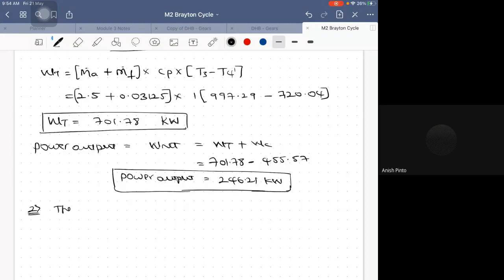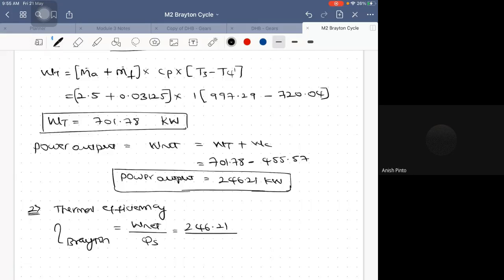So efficiency of the Brayton cycle is given by W net output divided by heat supply. So W net, you already have the value as 246.21 kilowatts, divided by QS, which is nothing but m dot f into CV. So it is 246.21 divided by m dot f, 0.03125, cross CV value 41270.